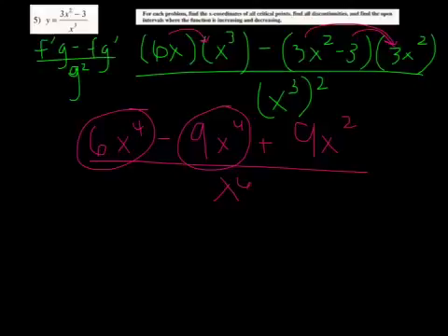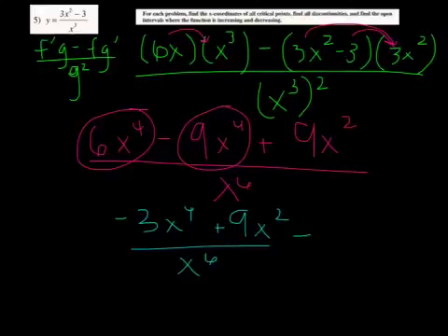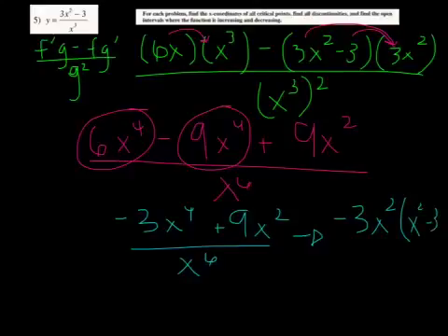So that'll change it to negative 3x to the fourth plus 9x squared all over x to the sixth. You can still factor out negative 3x squared. That would change it to x squared minus 3 all over x to the sixth. And then you can cancel out the x squared and change it to x to the fourth.